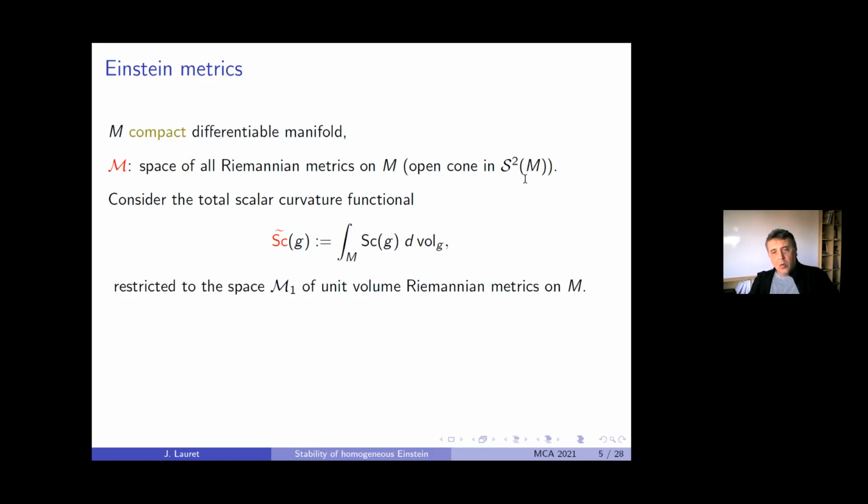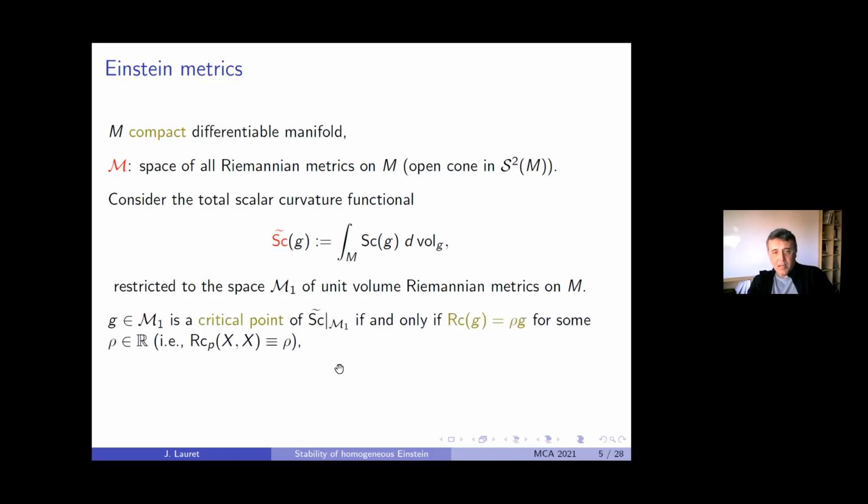Okay, so a natural way then to find a distinguished element is to ask about critical points of such a natural function. Right? It's the simplest curvature functional you may consider. So we have to restrict to the volume 1 metrics because otherwise this function is homogeneous, and then you're not getting any critical point.